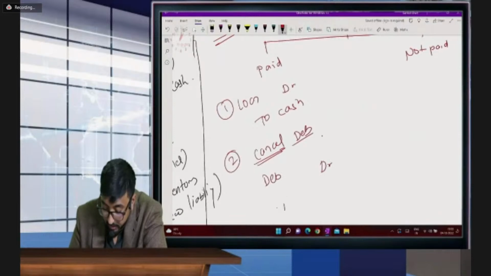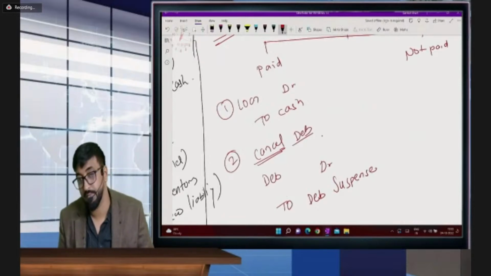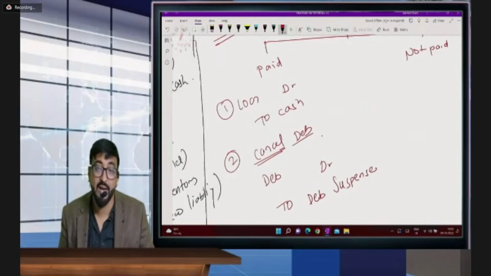Debentures account debit to debenture suspense. Now, no need of this entry. Cancel debentures.